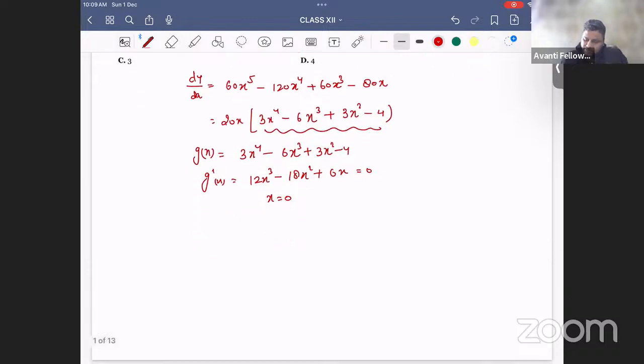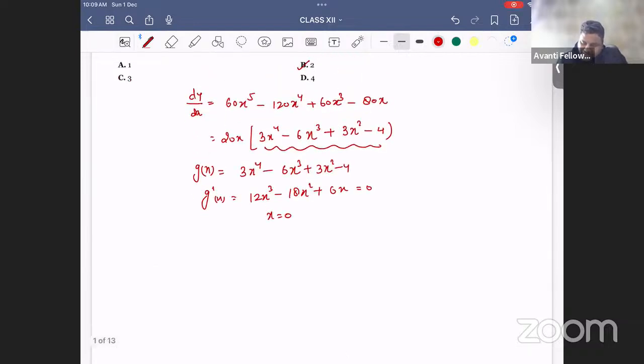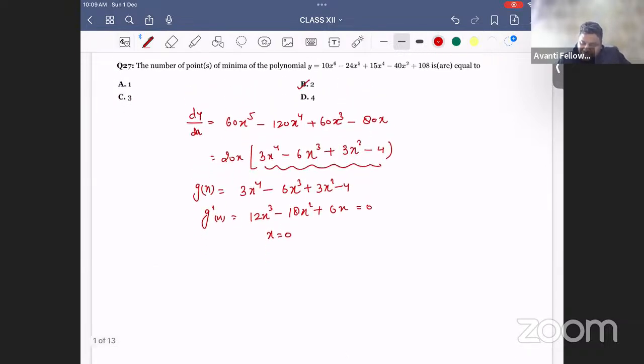Am I clear? So now you simply get an idea about the graph of this. See, if I proceed further, what do you get? 12x square minus 18x plus 6 equals 0.